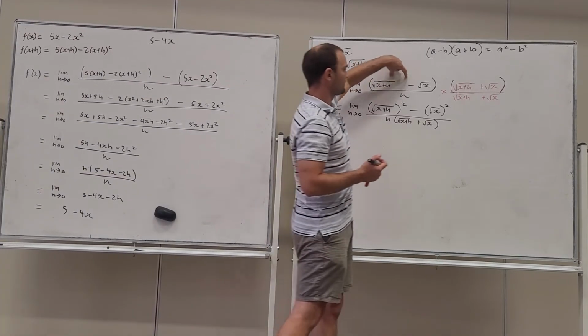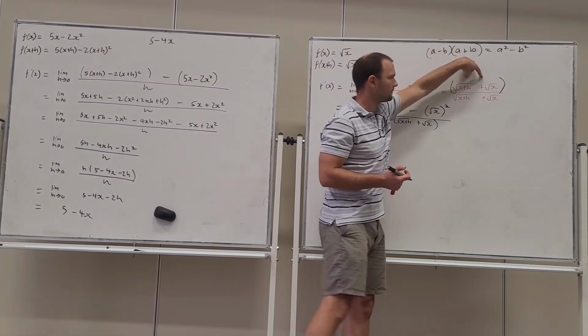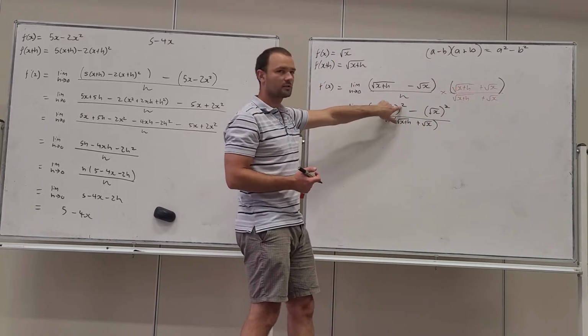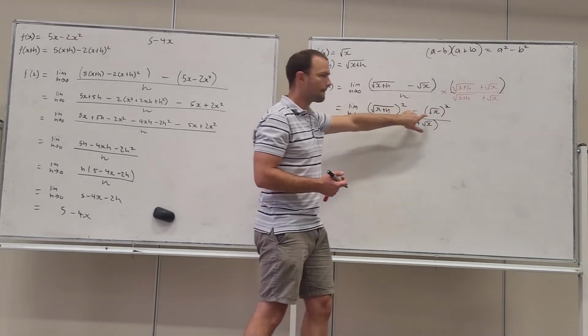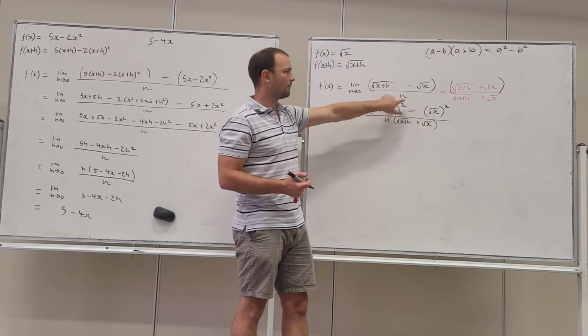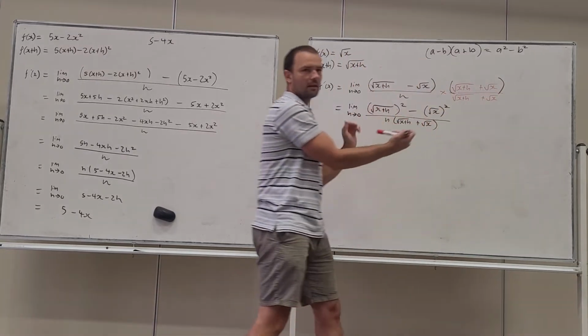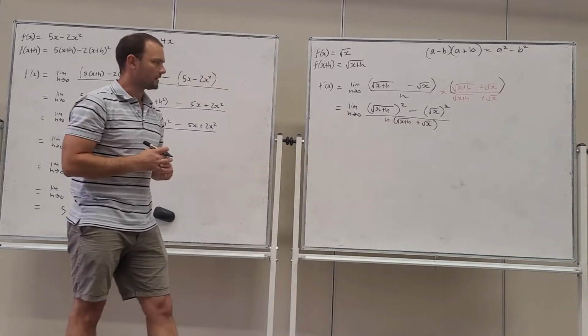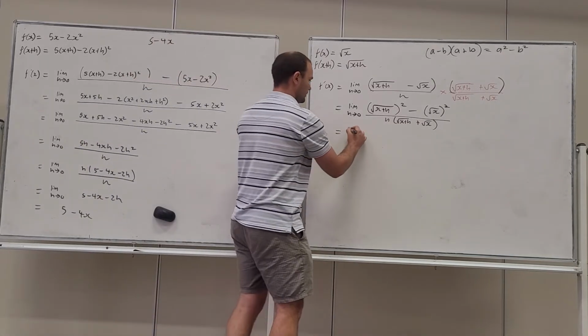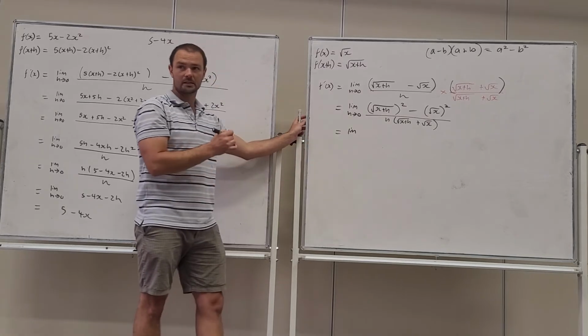So the top times the top, A take B times A plus B, gives us A squared take B squared. And at the bottom we've got h times both of those, so I need to put that part in brackets. Now let's perform the square, and that's going to get rid of the square root.